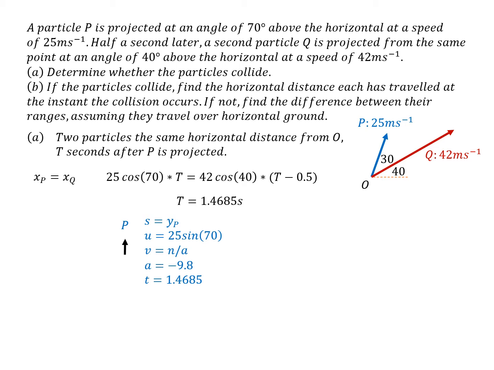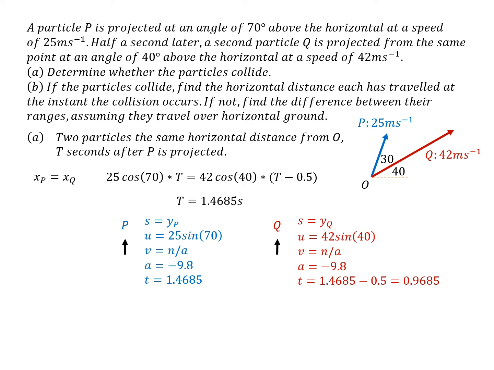So if we look at particle P vertically, and we call its vertical displacement yP at this time, 1.4685, that it's been in motion. If we take the upward direction as the positive direction, then the acceleration is minus 9.8. We're not interested in the final velocity. The initial velocity is 25 sin 70.